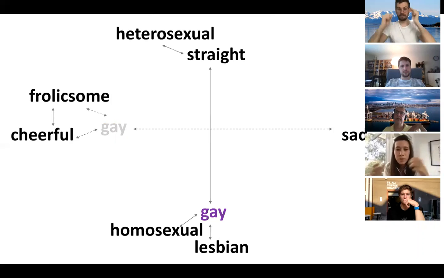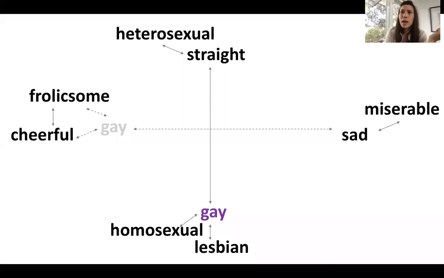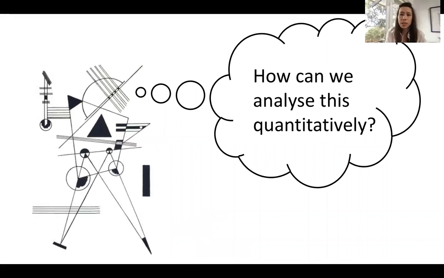But as we know, over time, the word gay has transformed to become much more closely related with words like homosexual, which we can also think about as being at one end of a spectrum to a word, say, heterosexual or straight. And so a key question which this paper really speaks to is how we can analyze or conceptualize meaning quantitatively.